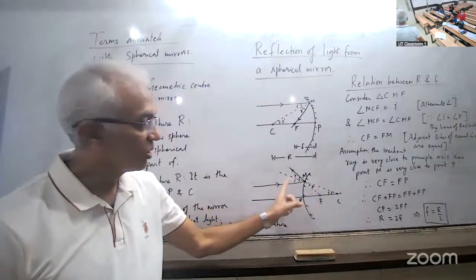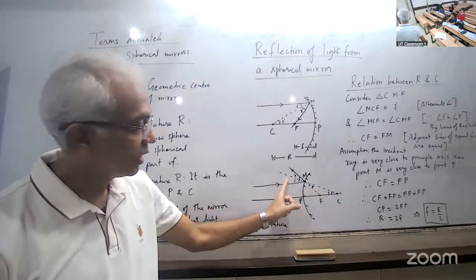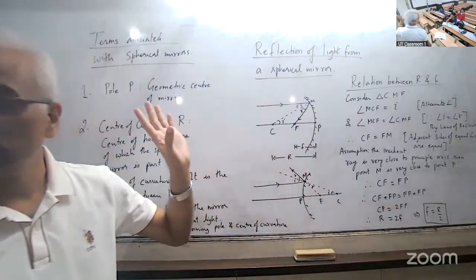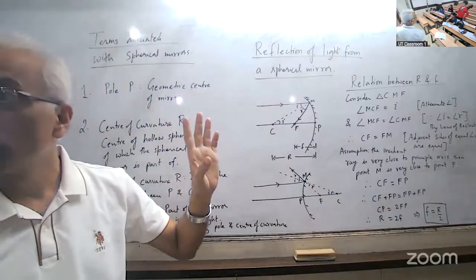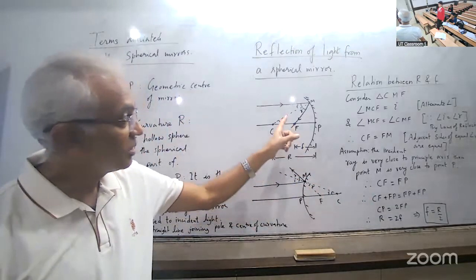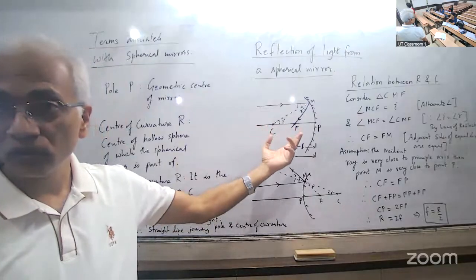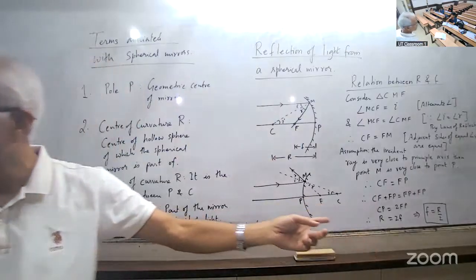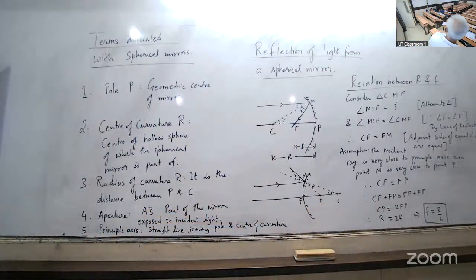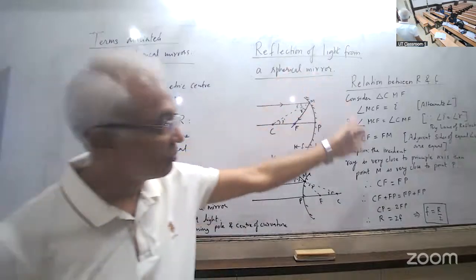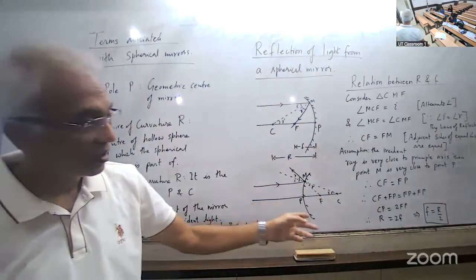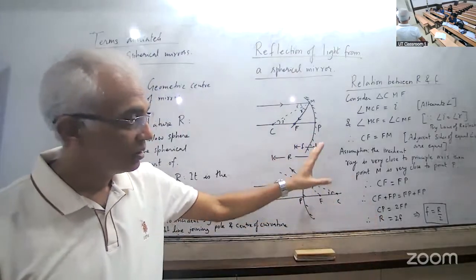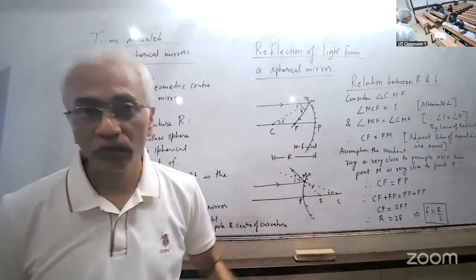I and I are corresponding angles, and R and R are vertically opposite angles. So you are getting the same triangle which you got for the concave mirror on the left side. For the convex mirror, you are getting the same on the right side. So the same steps are applicable here also, and you get the same result. Whether it is a concave mirror or a convex mirror, this result is valid for both of them.